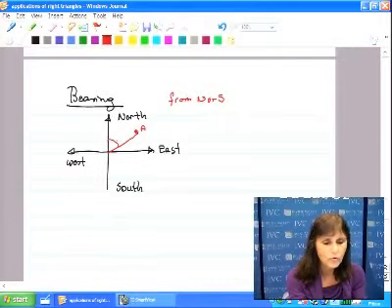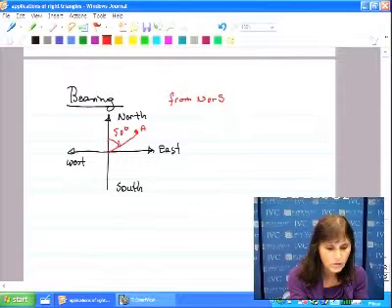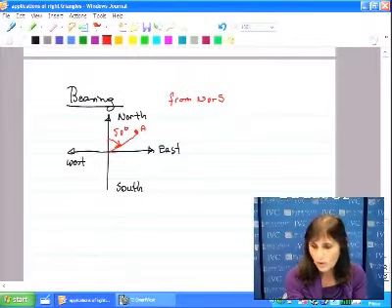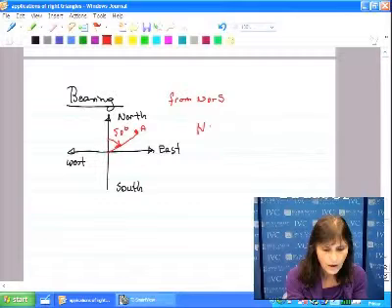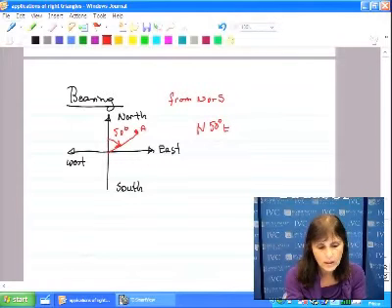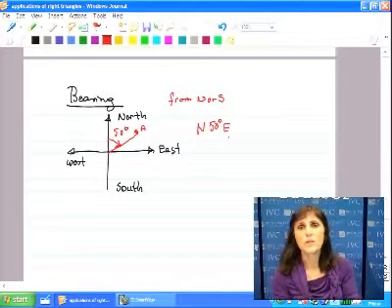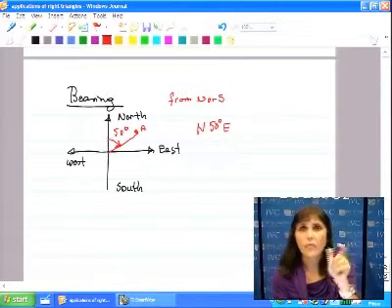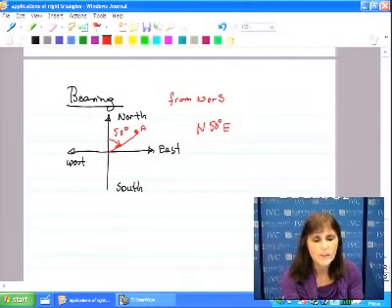If you're doing it from the north, and this one is, let's say, 50 degrees, you started with north, you went 50 degrees, and which direction did you go? East. So when you do it this way, you have to put north, south, or whatever that you're doing. So this one is north 50 east, and that's what it means.